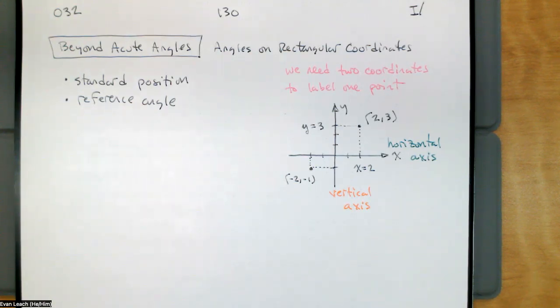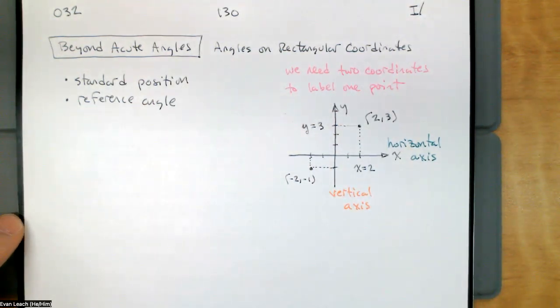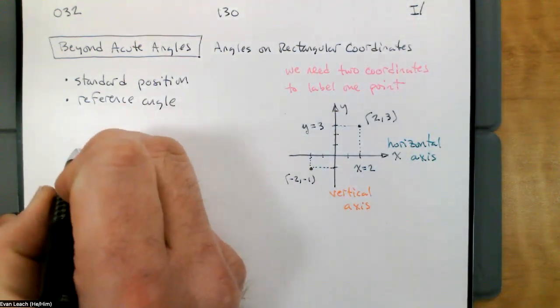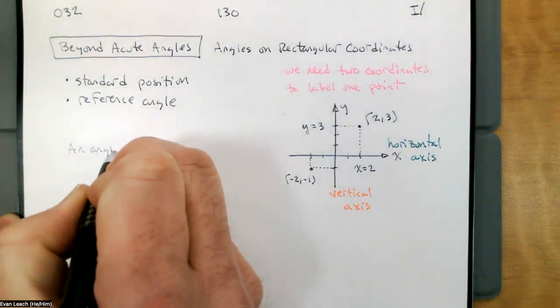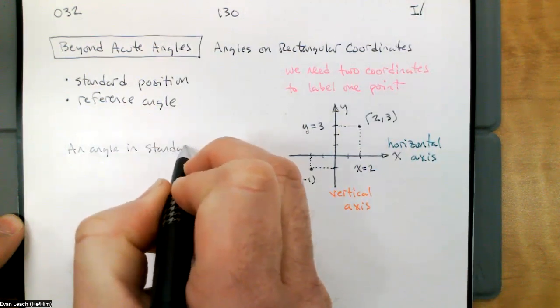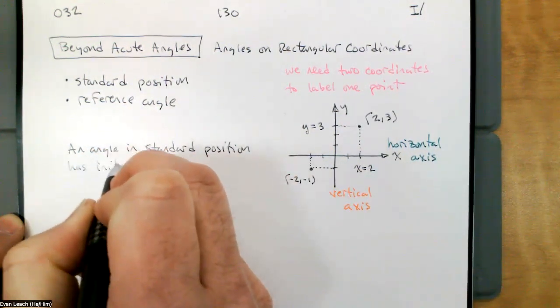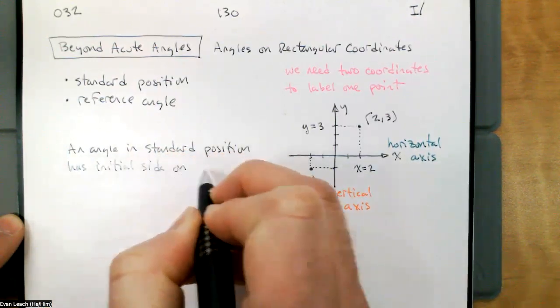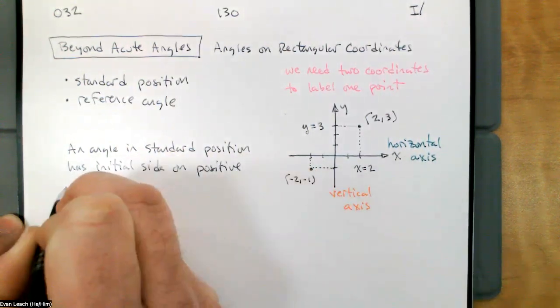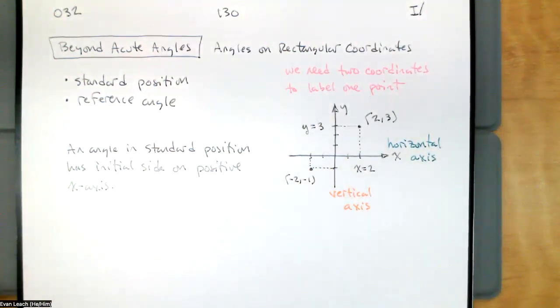Let's talk about putting an angle in standard position. An angle theta in standard position has its initial side on the positive x-axis, and counterclockwise is the positive angle measure.